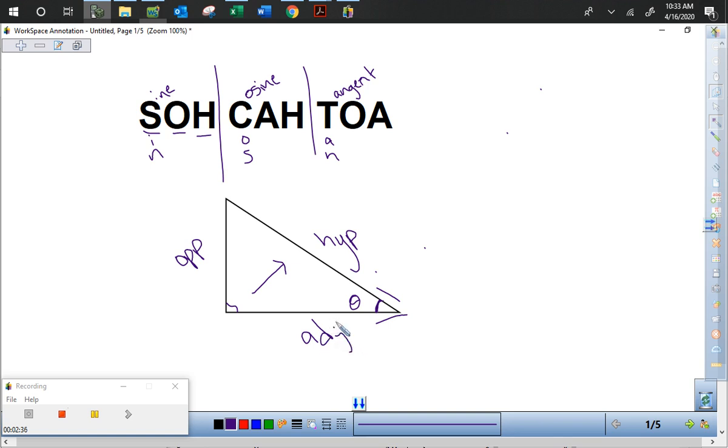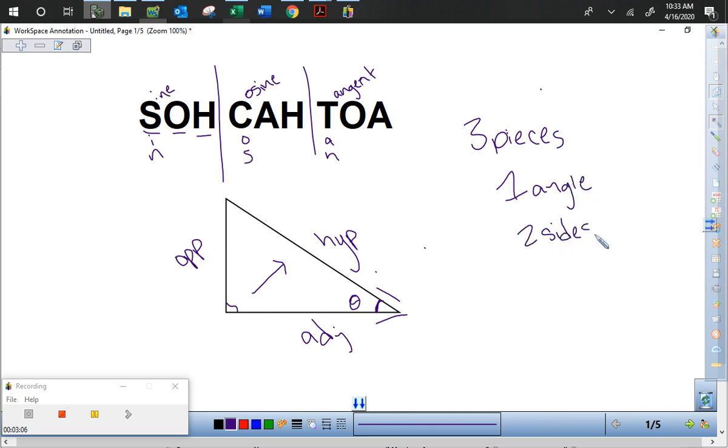So that's what the O, A, and H stand for: either the opposite side, the adjacent side, or the hypotenuse of the triangle. So these are just ratios, okay? But with sine, cosine, and tangent, that angle was important. So the three pieces that are required to work through problems like this are one angle and two sides.